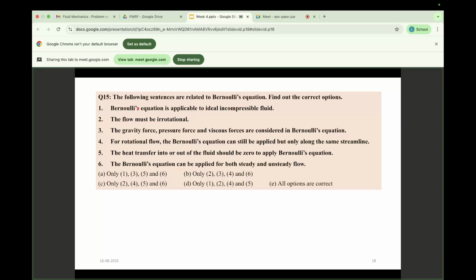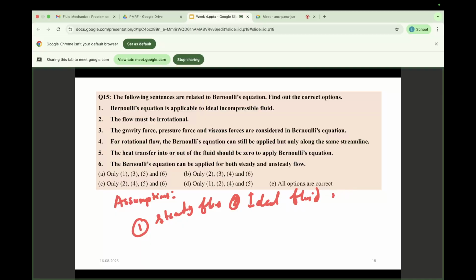So if I talk about the assumptions of this Bernoulli equation, what are those assumptions? The first is it should be a steady flow. Next is it should be an ideal fluid, right? Third is it should be an irrotational flow.